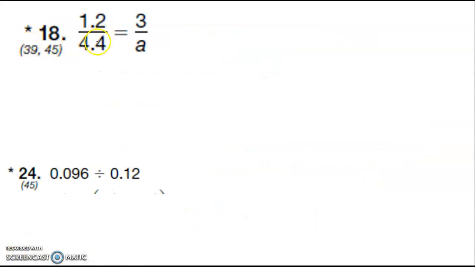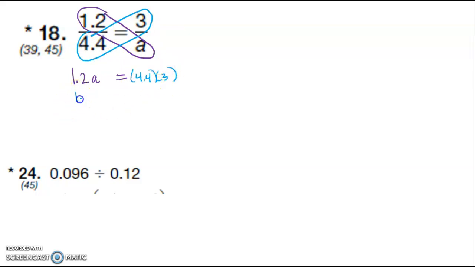All right, 18, we're going to cross multiply. So let's do the one with the variable first. I have 1.2 times A. I bring my equals down. And then I have 4.4 times 3.